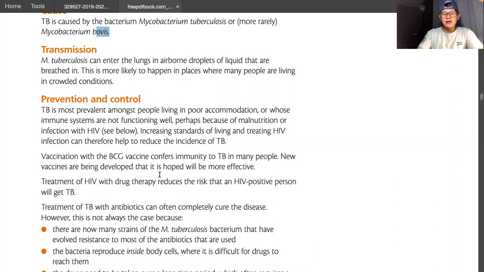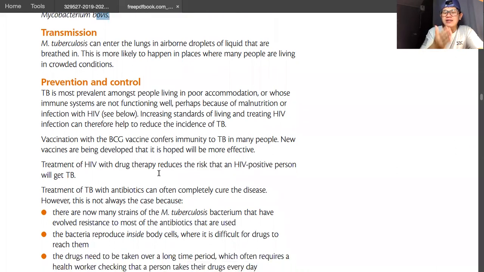Because the new strains that develop, or the new strains may get evolved. They become much more new, ada new variations, and therefore sometimes they develop increasing resistance to the antibiotics as well. So this also poses problems to the antibiotics.